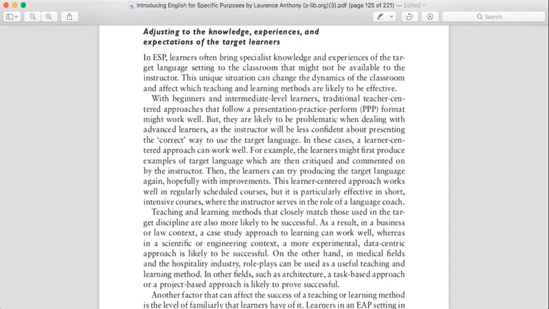So when the context becomes foreign, European or American, then the students need active participation, and the approach has to be task based. They cannot be passive learners because they have never learned passively.